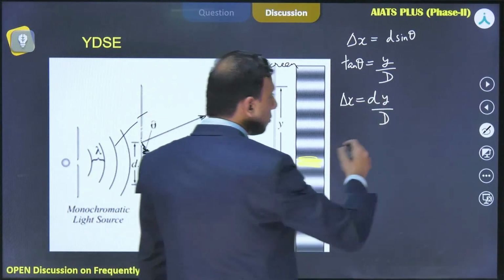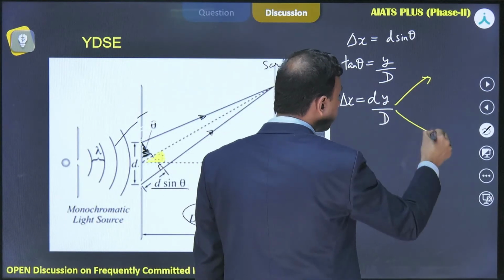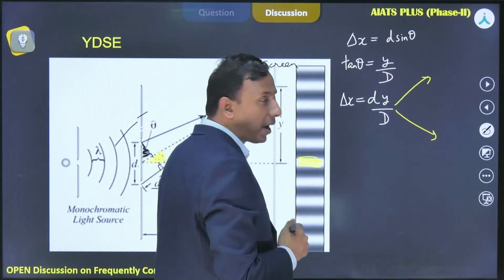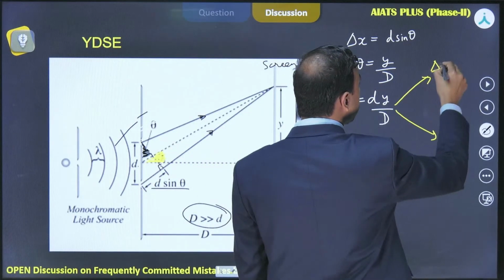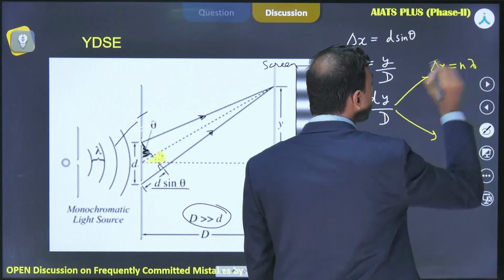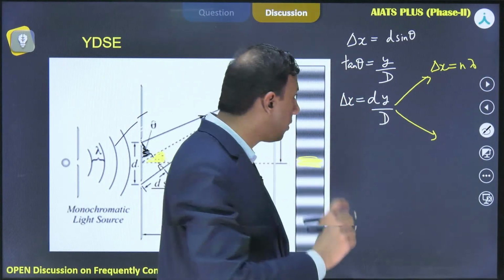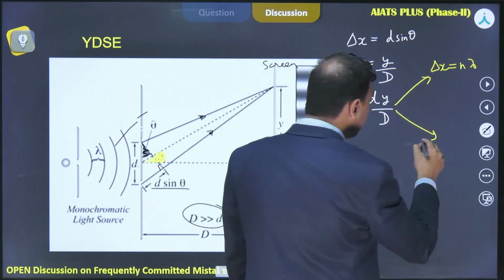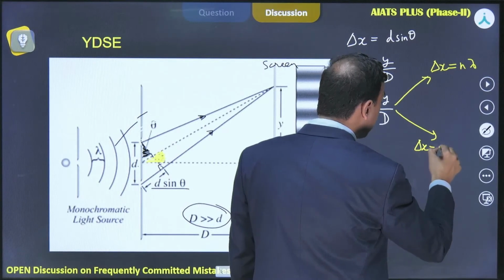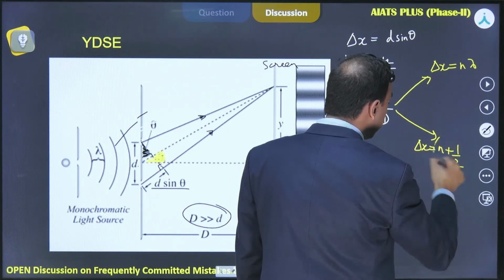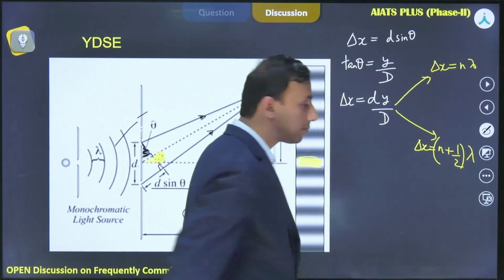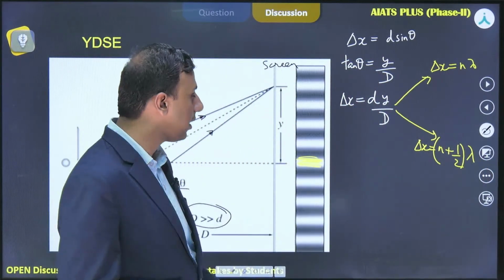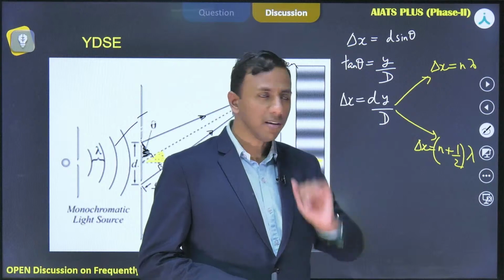So at maxima, what will happen? Delta x is equal to n lambda at maxima, and at minima delta x is equal to (n plus half) lambda. Let's focus on maxima for now.